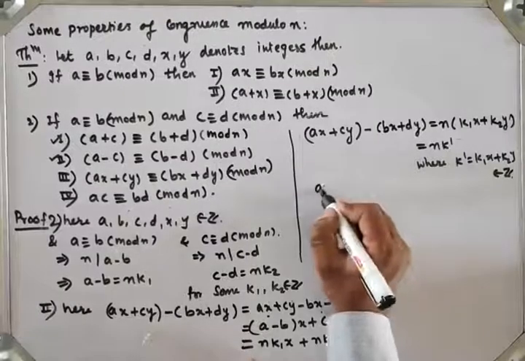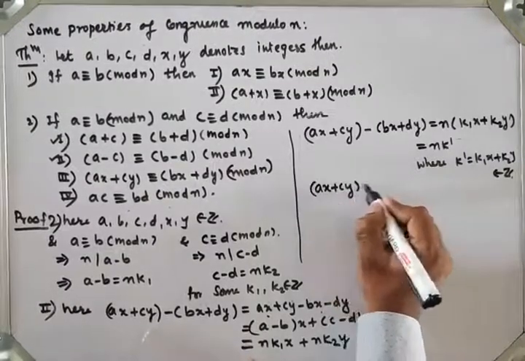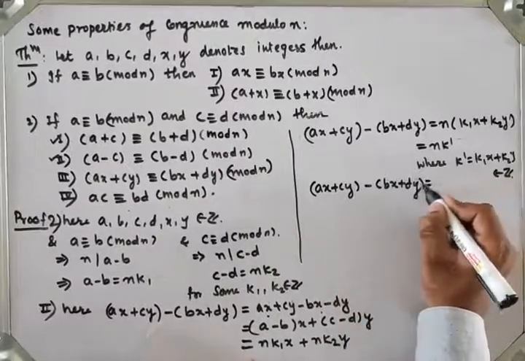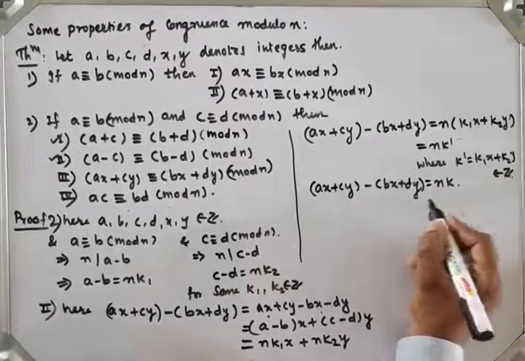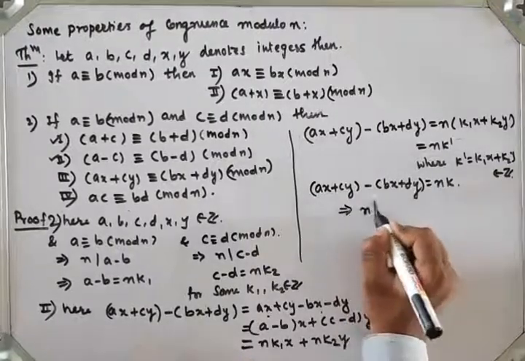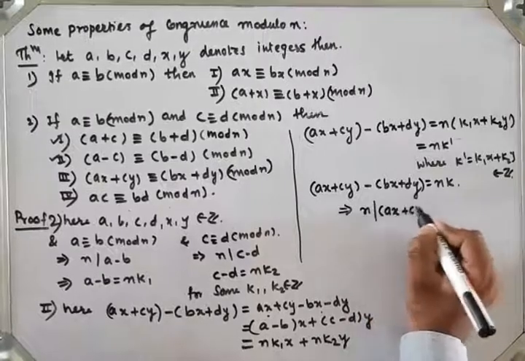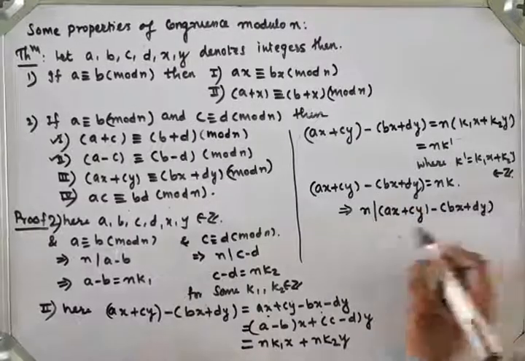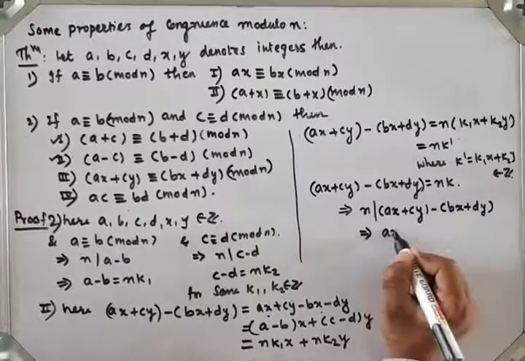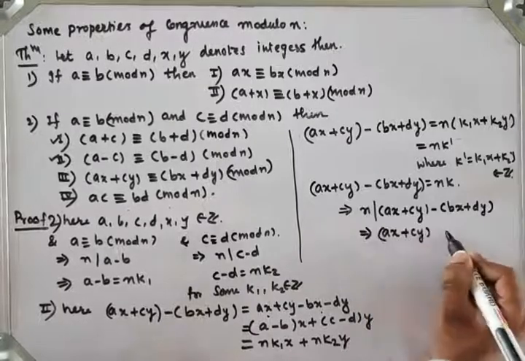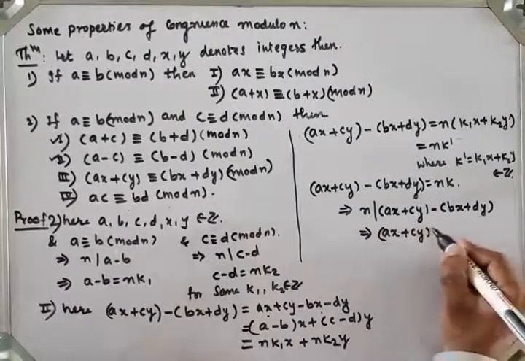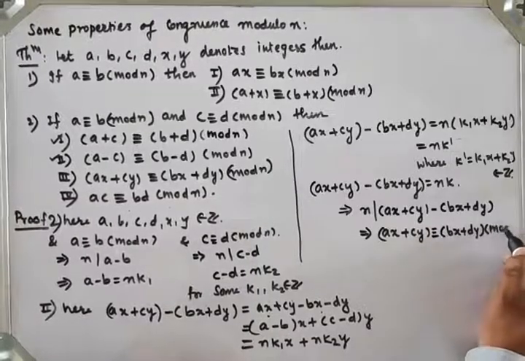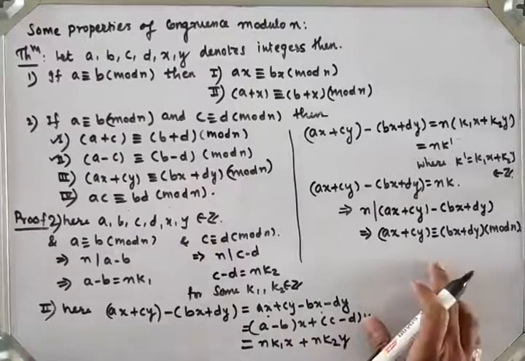So I get ax plus cy minus bx plus dy equal to n into k. Then by using the definition of divisibility, n divides ax plus cy minus bx plus dy. Then by using the definition of congruence relation, we get ax plus cy is congruent to bx plus dy modulo n. Hence the proof of the third property.